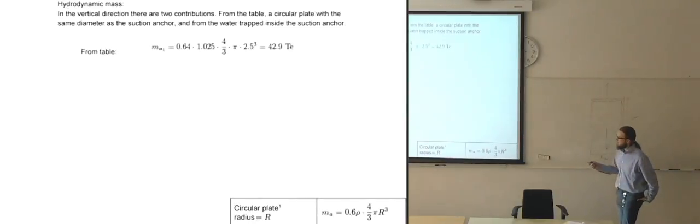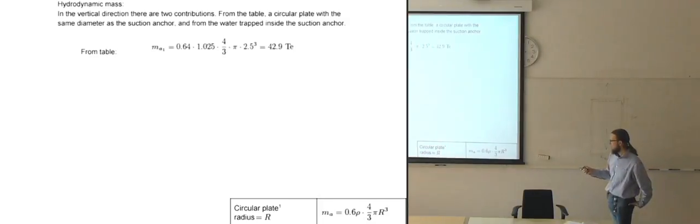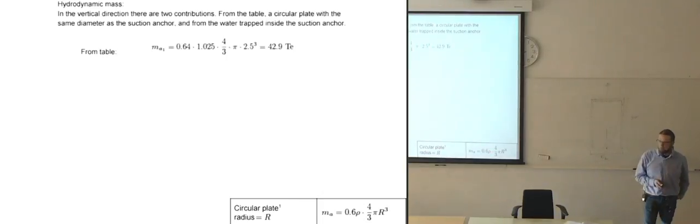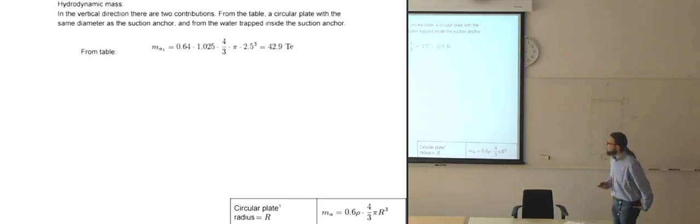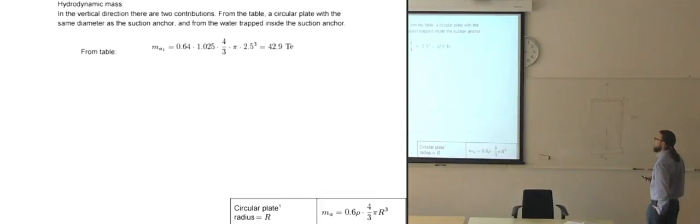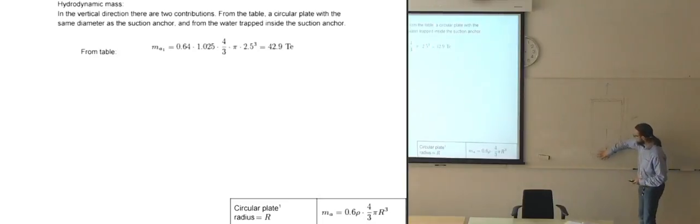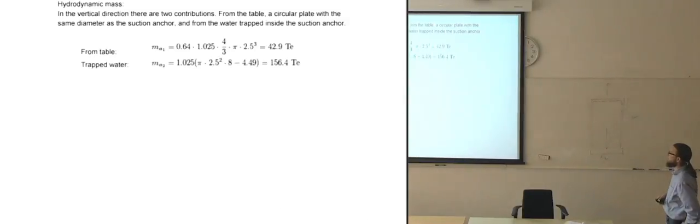So we look at the table, and we see that for a circular plate, we get the radius r of the plate, and we just punch it in. We know the density, and this is a straightforward calculation when we're looking at hydrodynamic mass here. So we put this in here, and we get 42.9 tons. And that's just the weight of the two cushions. So we haven't looked at the internal trapped water yet.